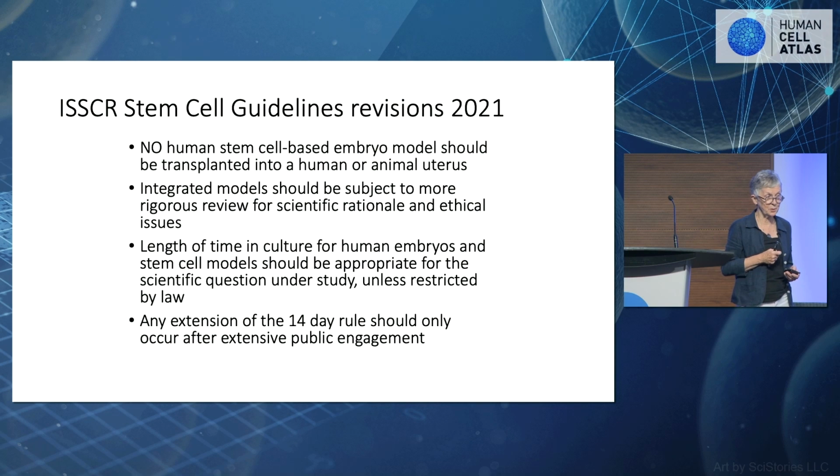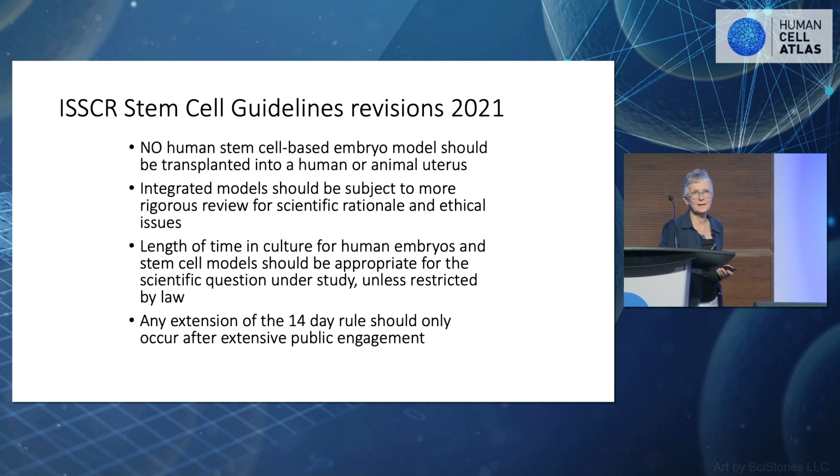It's complicated, and it's another whole lecture, but just to say that the International Society for Stem Cell Research takes all these things very seriously, and we have a set of stem cell guidelines which we revised in 2021, ahead of many of these papers, but you know, we know what's coming, or we think we know what's coming.